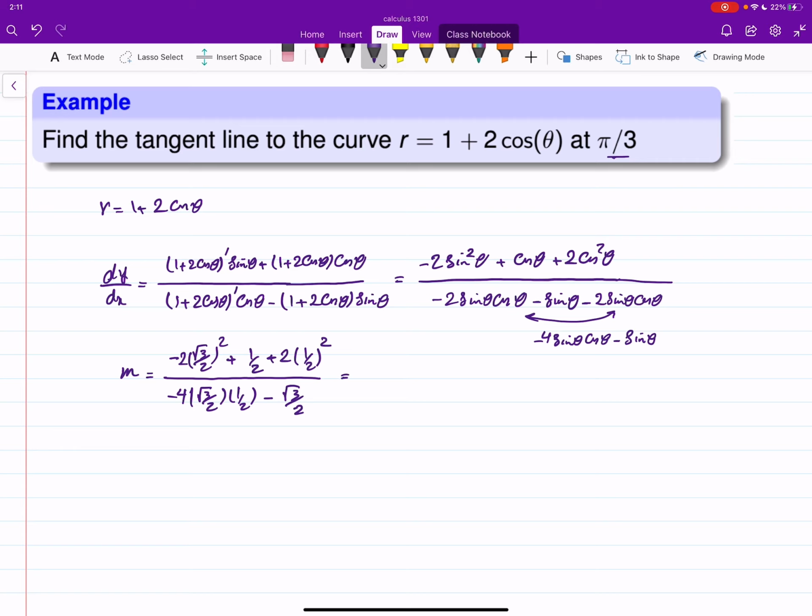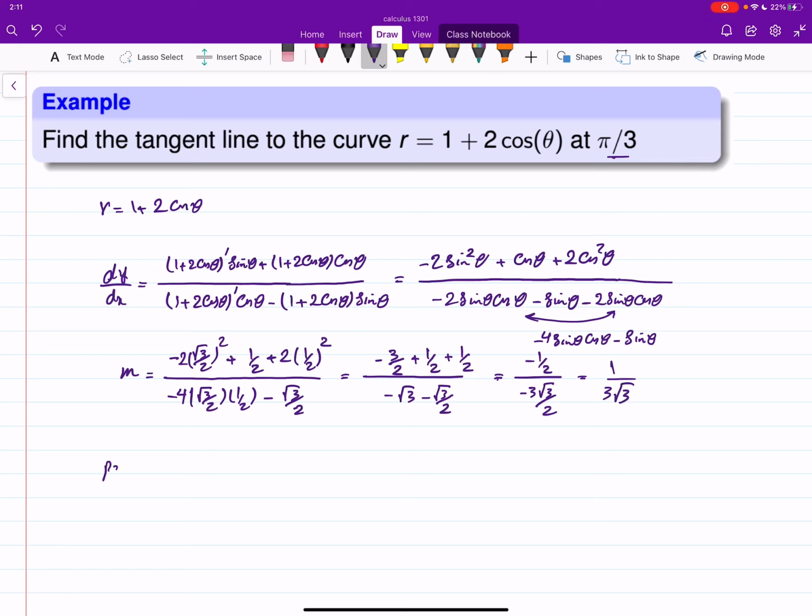So we can simplify this here. So I have root 3 over 4 times negative 2. This is negative 3 over 2 plus half plus 1 over 2. So that would give me in the numerator negative 1 over 2. In the denominator, I have negative root 3 minus root 3 over 2. That will give me negative 3 root 3 over 2, which we can simplify and get 1 over 3 root 3. That is the slope.